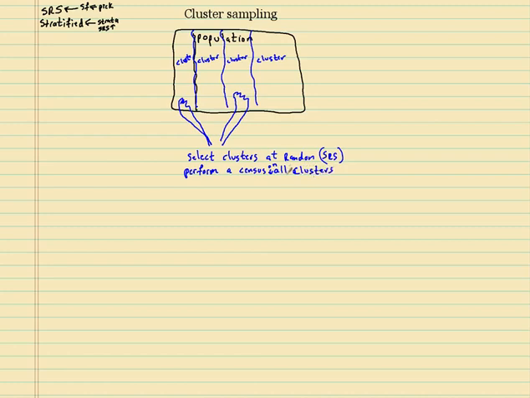Okay, so when does this work? Now remember, I said anytime you get a sample, so essentially that's your sample. Let's say there was like 50 here and 50 here, so the sample would be the 100 from both of those clusters. Okay, so when does this work?